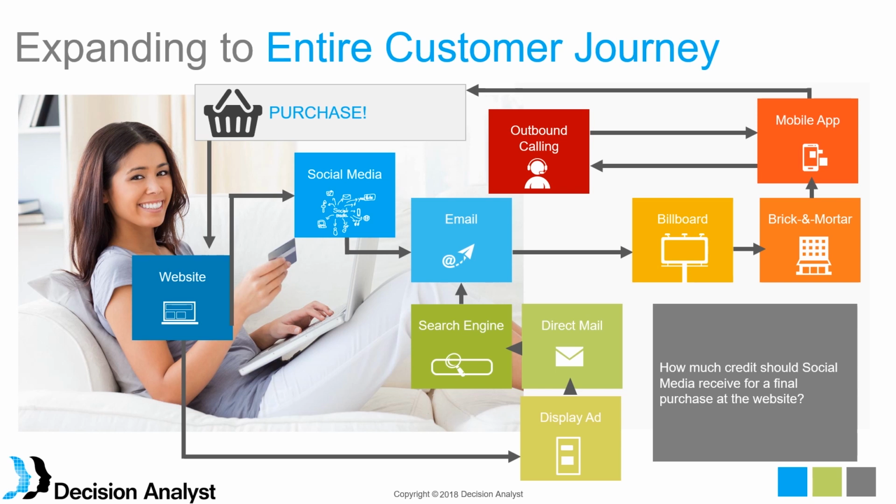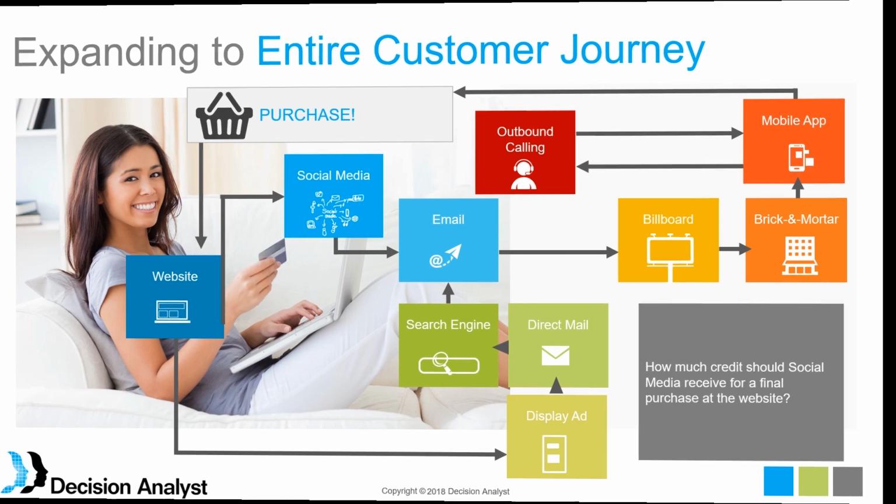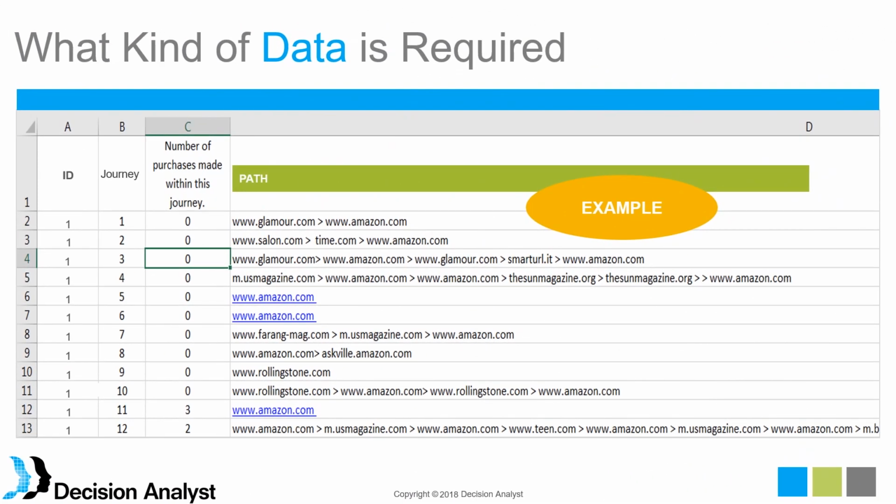They might see a display ad while they're on a website, they're driving, might pass a billboard, go and visit a store and browse a store, or even drive by a store and see the sign for the store, which increases brand awareness. And that's, in a sense, a touch point as well of the brand to the customer. And so all of these things are what people are doing today. And the question becomes, how much credit should each of these steps, for example social media, receive for the final purchase? And so that's the subject of our discussion today.